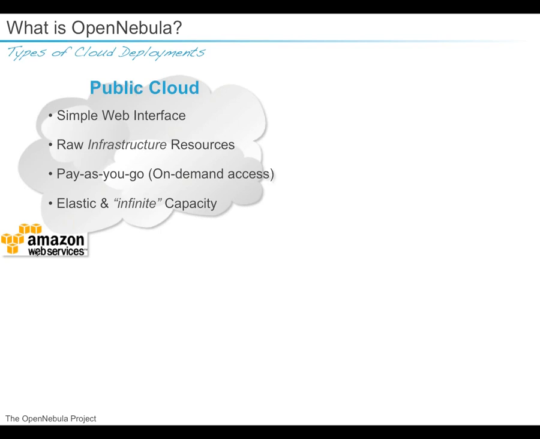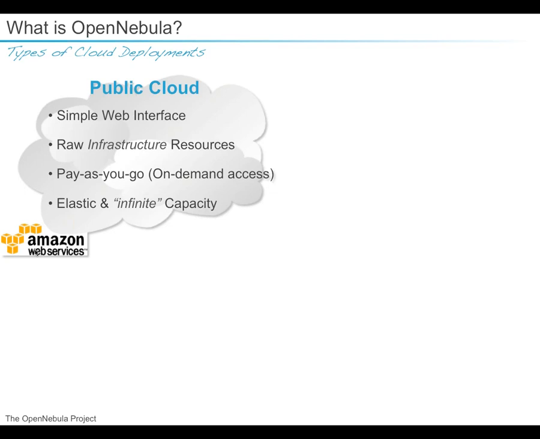We can start talking about the public cloud, which is basically a private cloud that exposes a public interface, a simple web interface that has access to raw infrastructure resources and that features a model of pay as you go. So you pay for exactly what you're going to use.